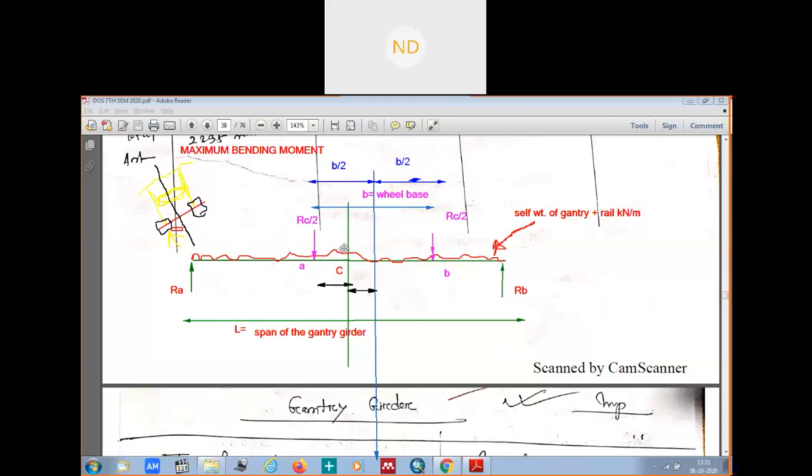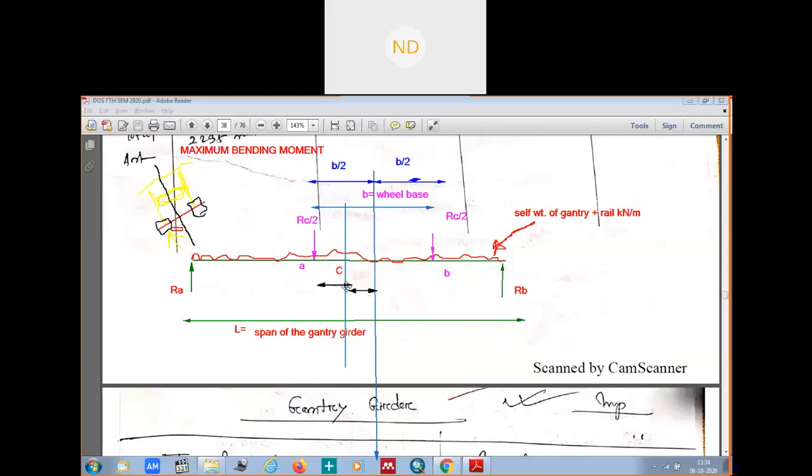Now when your wheelbase is placed on the crane girder in such a way that this is the center of the gantry girder, the wheels are placed so that the distance from the center of the gantry girder to the nearest crane wheel and the distance from the center of the gantry girder to the center of the wheelbase are the same.